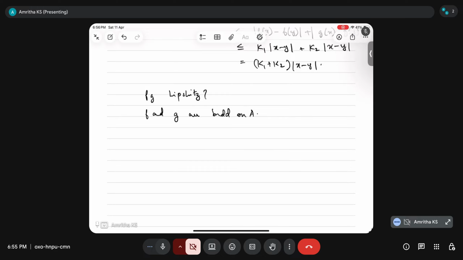I think we have seen similar kind of results for uniform convergence of functions, I guess.